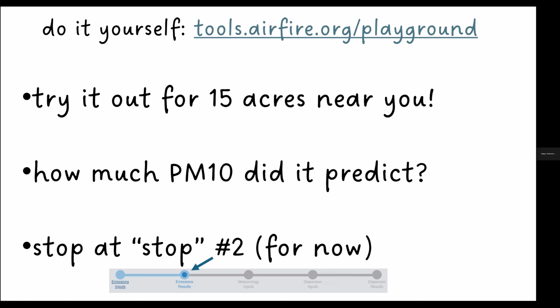Paul, I have a question. Does this just automatically pull in LANDFIRE in the back end? Okay, so two-part answer. Yes, it automatically pulls in LANDFIRE in the back end. However, not necessarily the most current products.